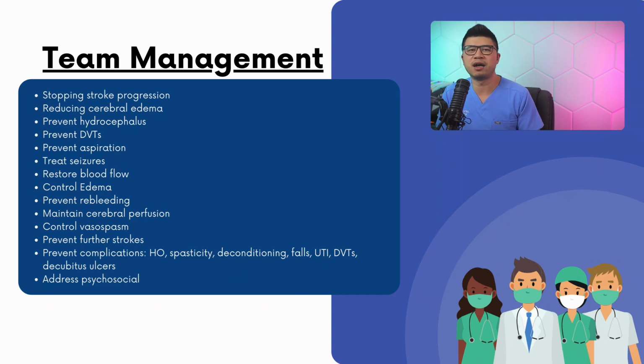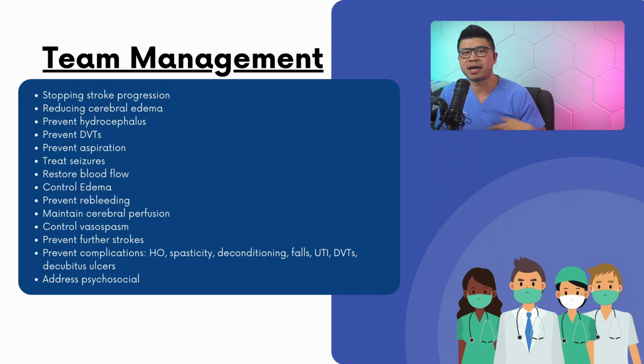Now let's talk about medical stroke management so that we are all on the same page as the medical team for stroke. The general principle of acute stroke management is stopping the progression of deficits from the lesion, also reducing cerebral edema, preventing hydrocephalus, preventing DVTs, aspiration, and treating seizures.